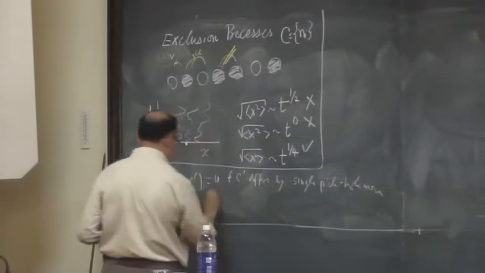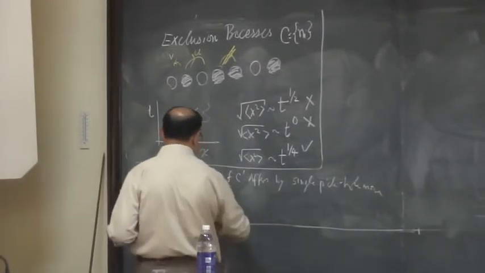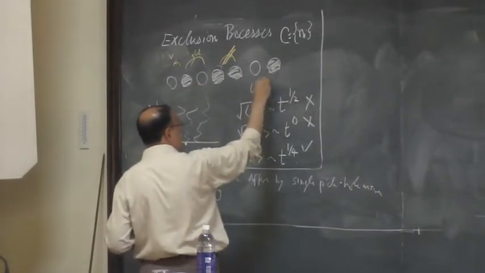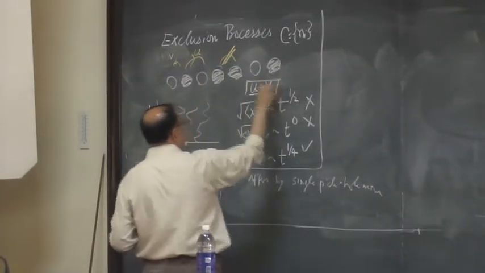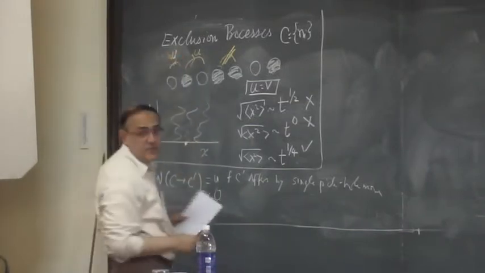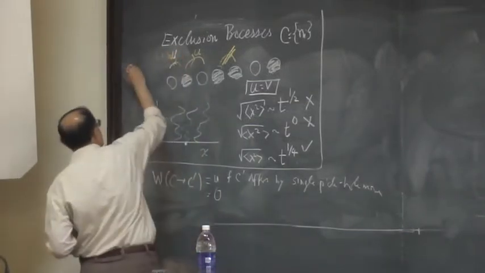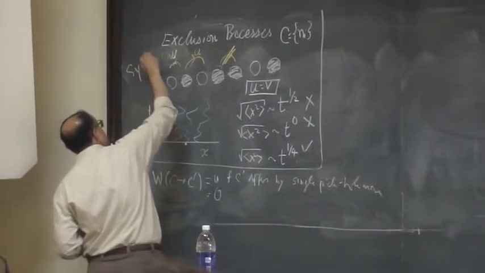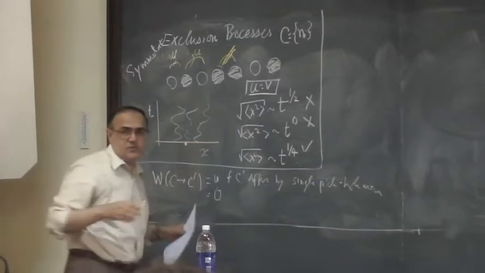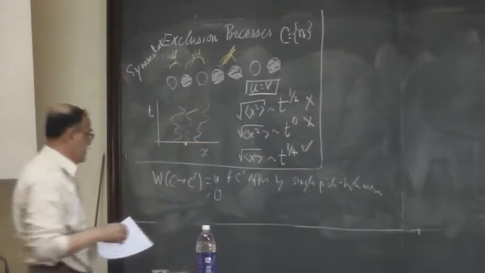And it's 0 otherwise. I'm sorry, everything I said here was for the case U equals V, the symmetric problem. So let's for the moment consider the symmetric problem. This is called the symmetric exclusion process, or the simple exclusion process.